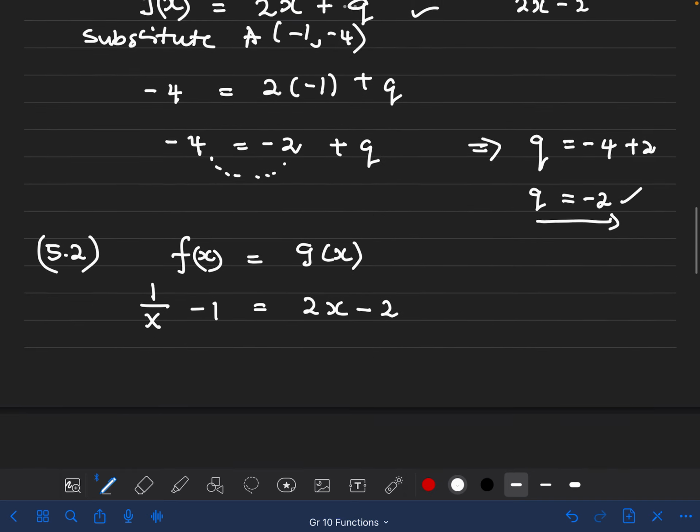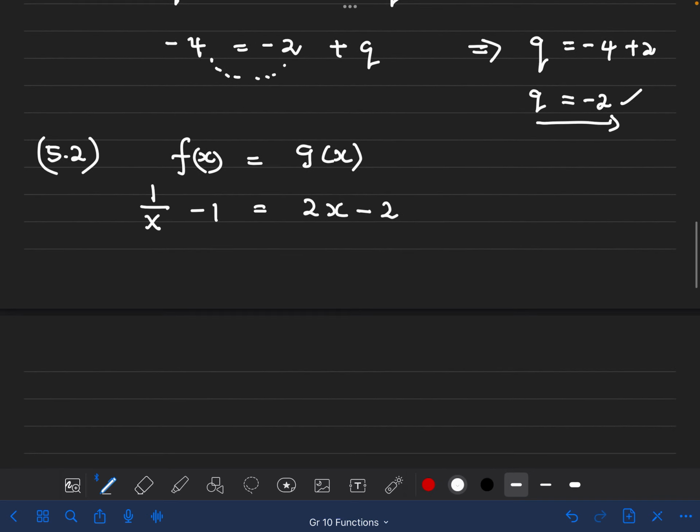Then over here, we just solve for x. In order for us to eliminate these fractions, we're going to multiply by x. And then 1 over x times x is 1, minus 1 times x, that is x, equals 2x times x, that is 2x squared, minus 2 times x, that is minus 2x.